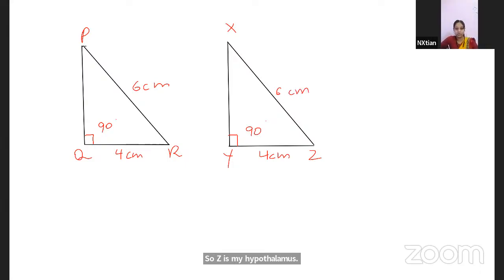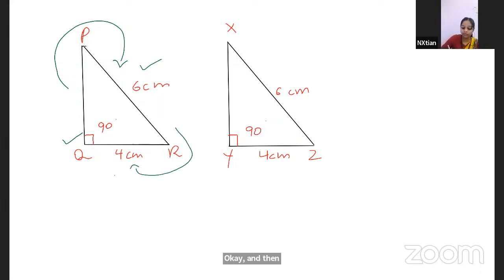Now, in the RHS rule, that is the right angle hypotenuse side rule, what we see is one right angle, then we see the hypotenuse, and then we see a side.